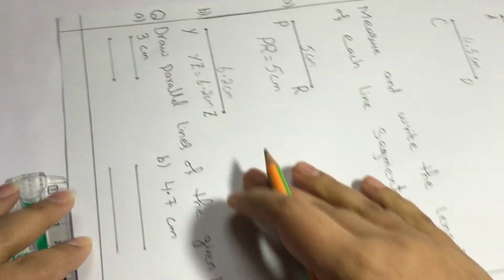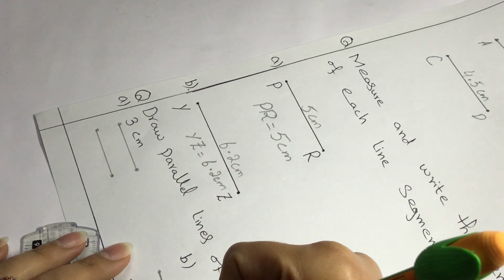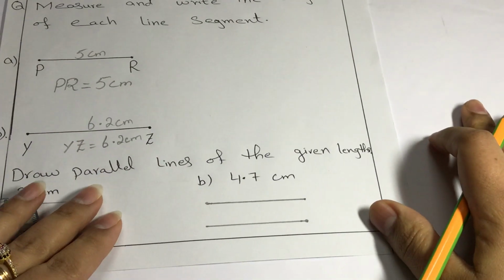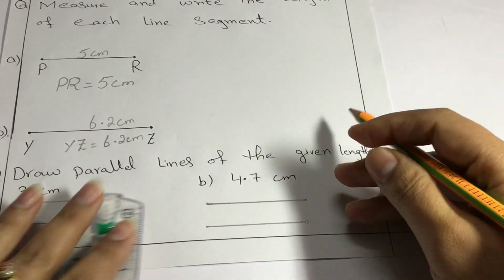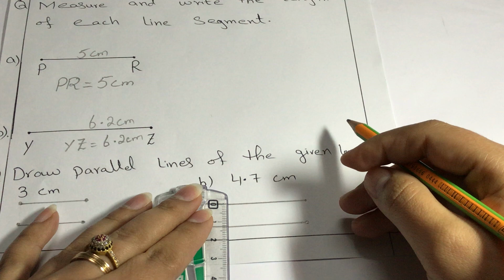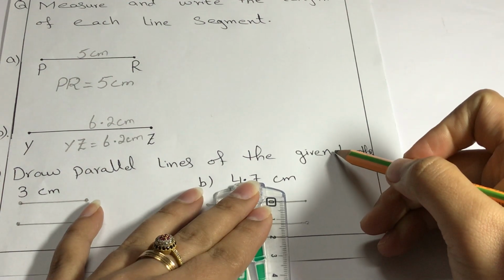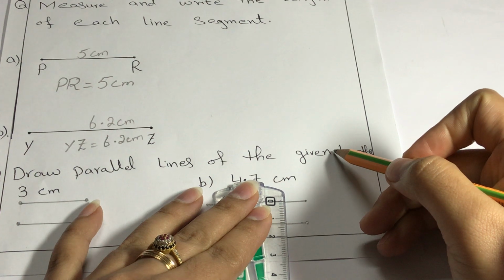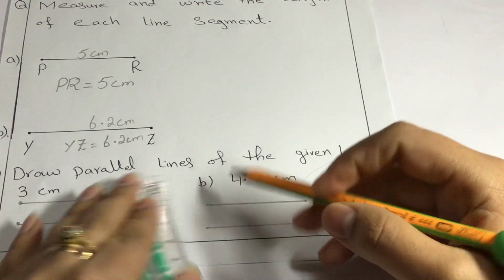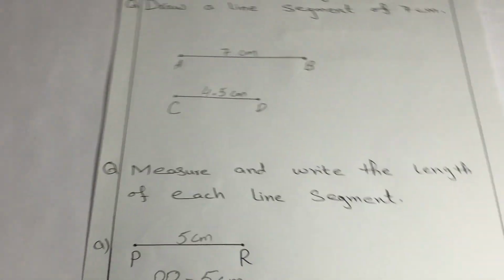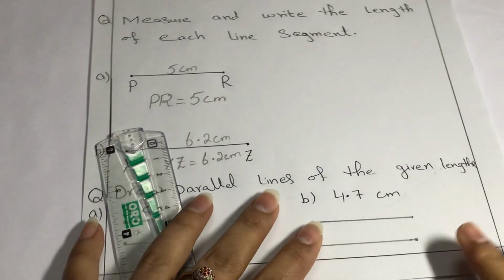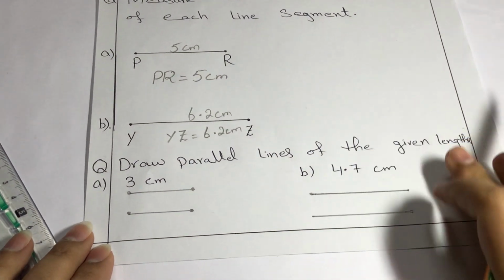So that's it. Now again you can see my lines have equal distance from each point. Let's measure the distance. Again it is 1.2. It's between 1.1 and 1.2, and you can see it's 1.2 again, 1.2 and 1.2 from each point. So you can see my parallel lines.